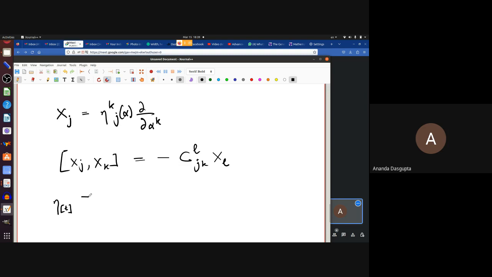What does this mean? It should be pretty easy for you to figure out. This essentially means that as you move along a one-parameter subgroup whose tangent at the origin is given by t1, t2, tr, this operator tells you how fast a function will change as you move along that particular curve.